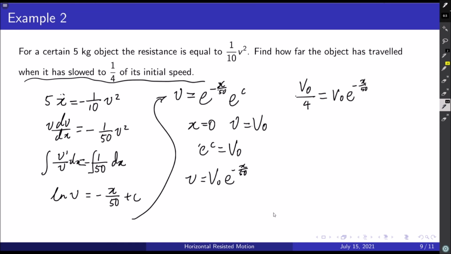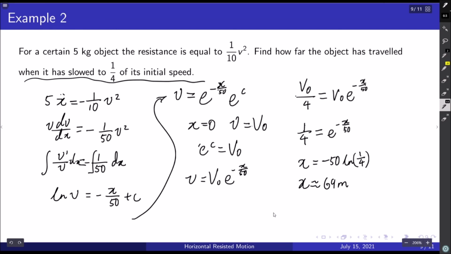So divide both sides by v0, and we end up with e to the negative x over 50 having to equal a quarter. So x has to be negative 50 times log of 1 over 4, which means x is approximately 69 meters.